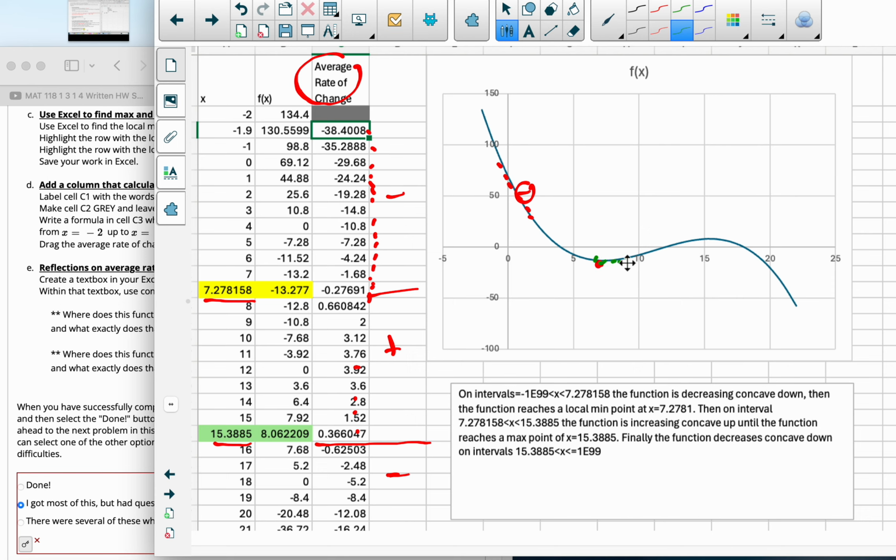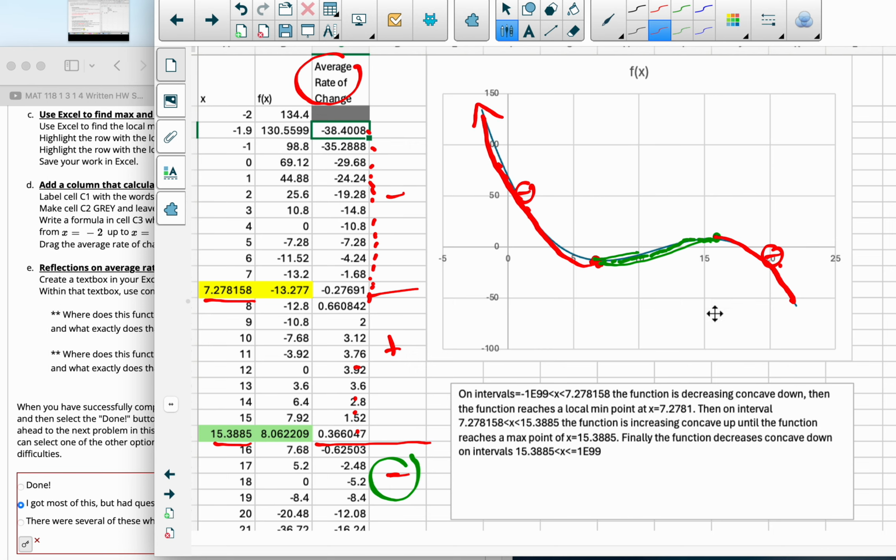Now it's positive rate of change all the way till here. And then it becomes negative rate of change again. So negative rate of change, positive rate of change, negative rate of change.